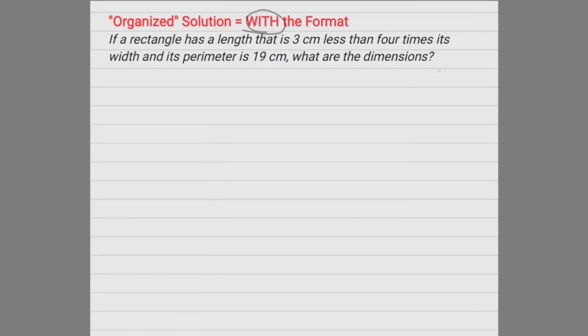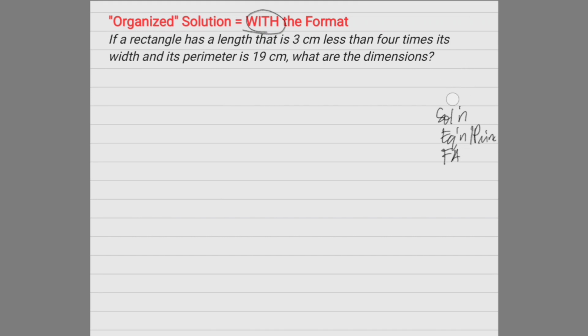remember, we have the given, required (you can just abbreviate required like this if you want), solution, and then you can also have your equation or principles, and what else? Your final answer, right?